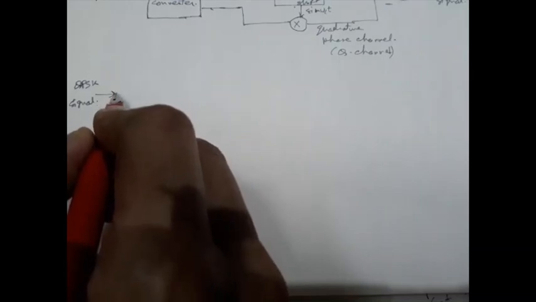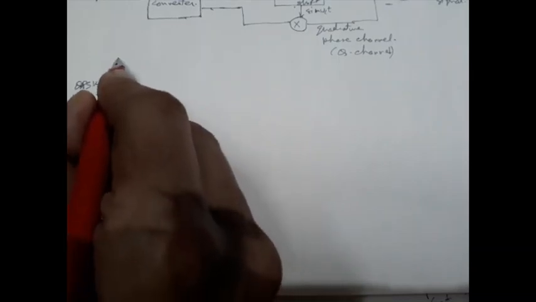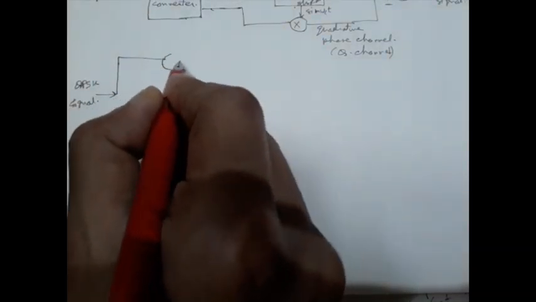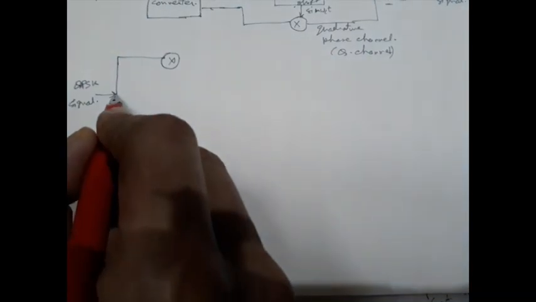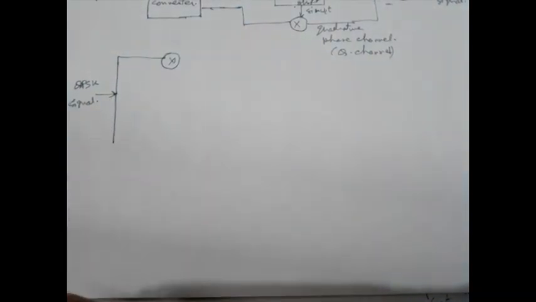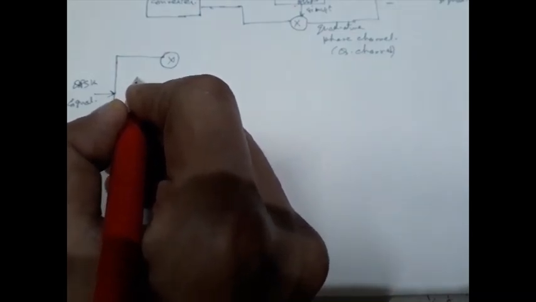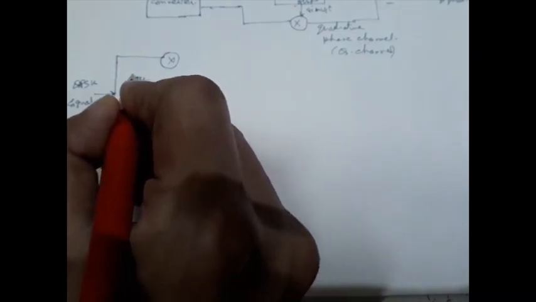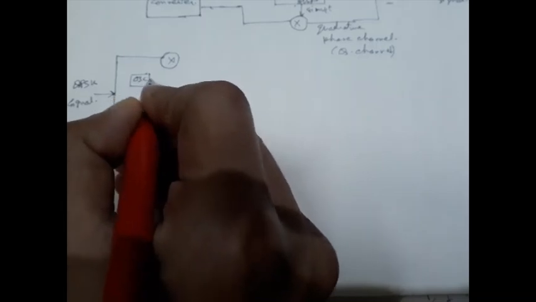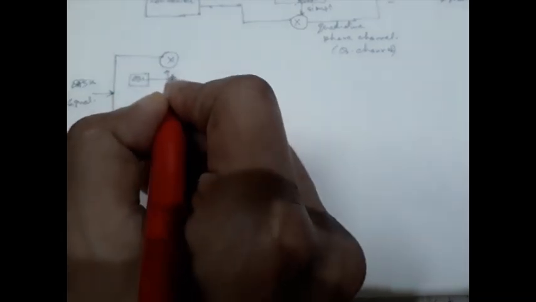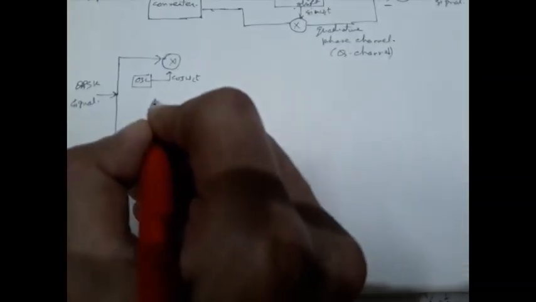Just like PSK, this one must be demodulated with the help of a coherent detector. So we need an oscillator that will generate a synchronized carrier.